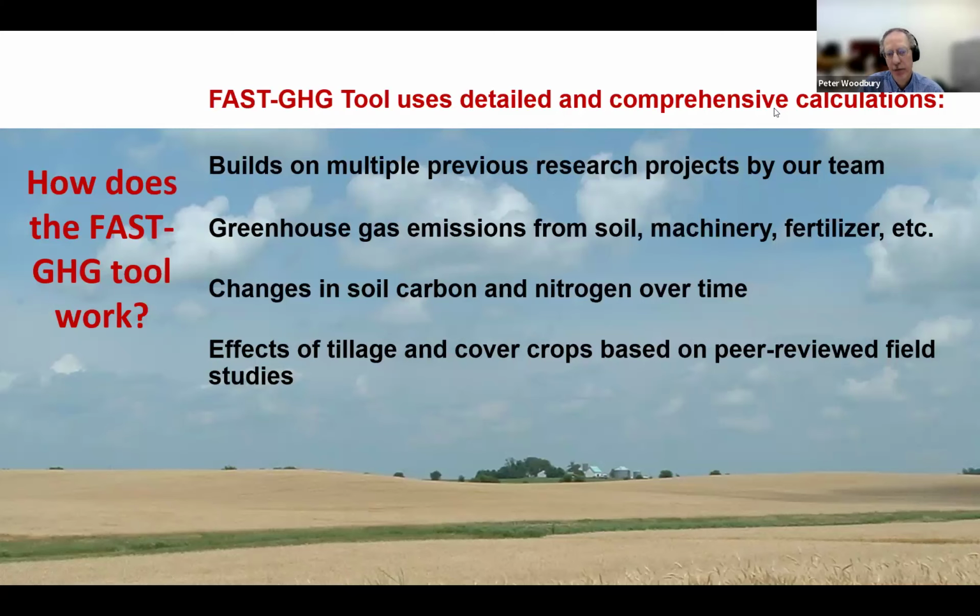One feature of the tool is that whenever possible, we base the core result for practices such as tillage and cover crops on long-term experimental data. So we use that whenever possible.